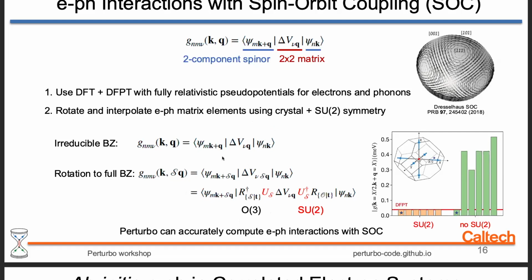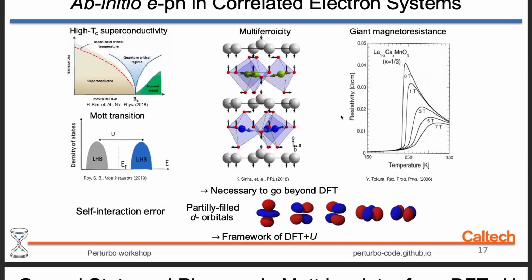And so when you do these things, you can accurately compute and interpolate electron-phonon interactions with spin orbit coupling, and that's used in spin flip or spin transport calculations, things like that. And that's also in Perturbo.